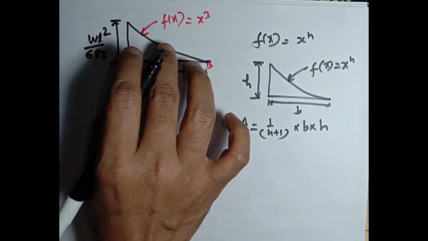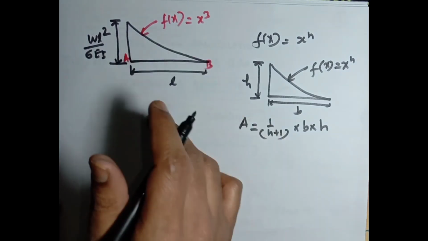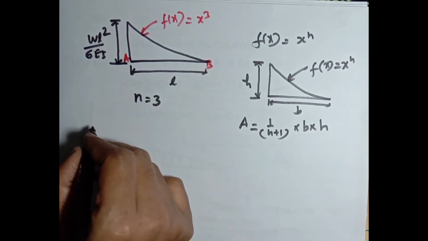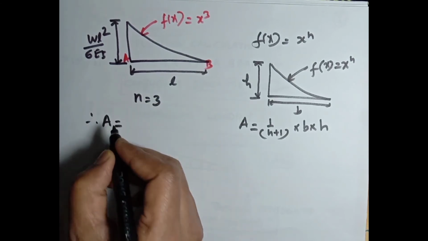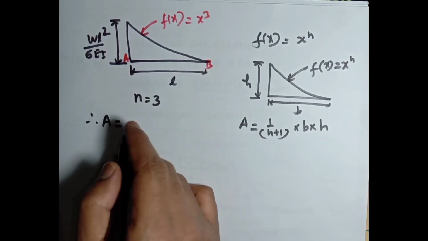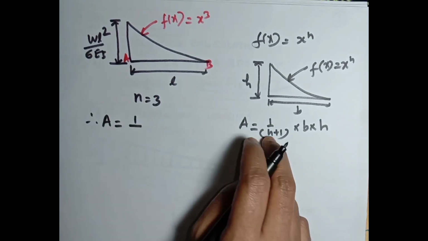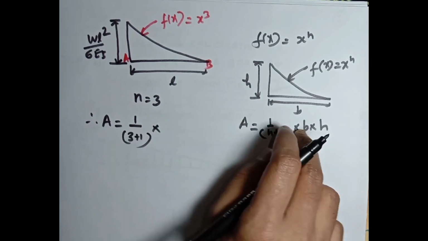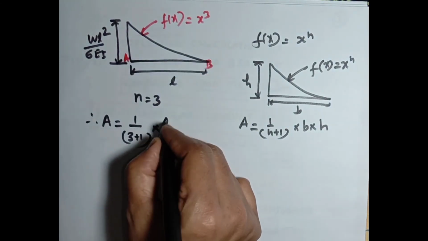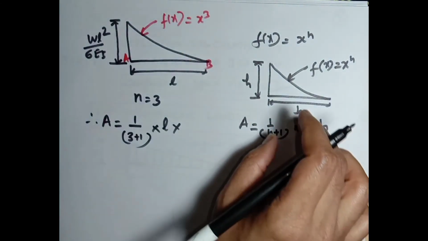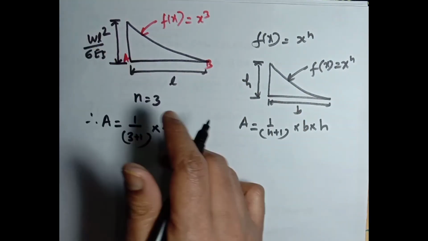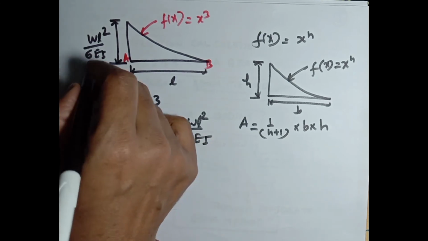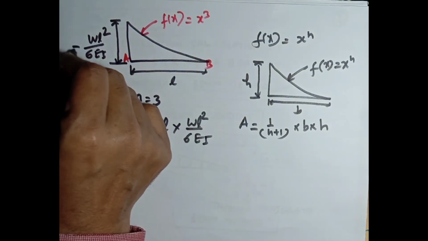Since this is a function of x to the power 3, from the general expression n will be equal to 3. So the area will be, from this expression, 1 divided by, in place of n we put 3 plus 1, in place of b the length L, and as per the general expression h will be WL square divided by 6EI.